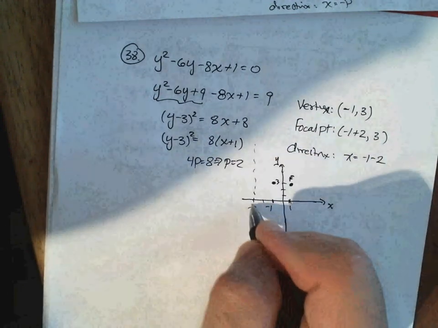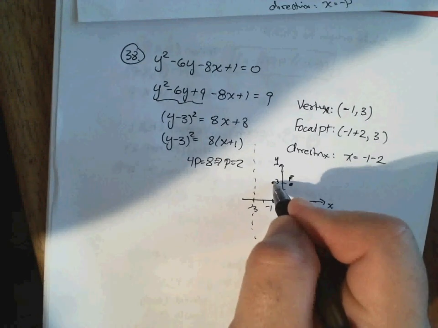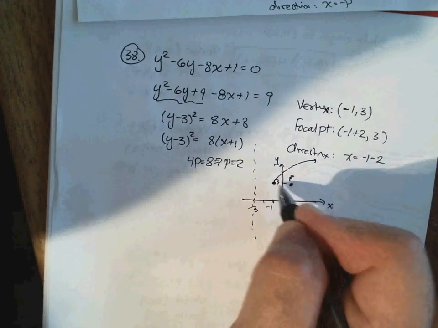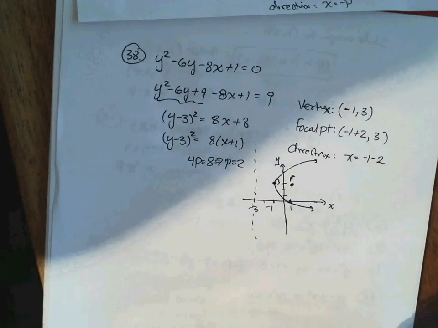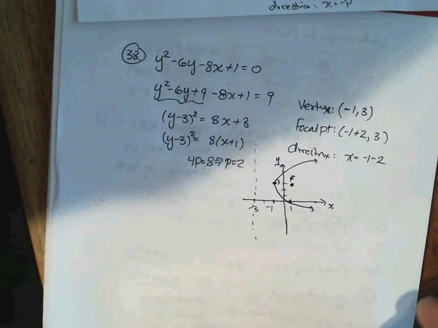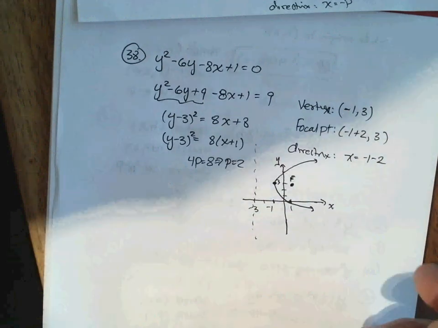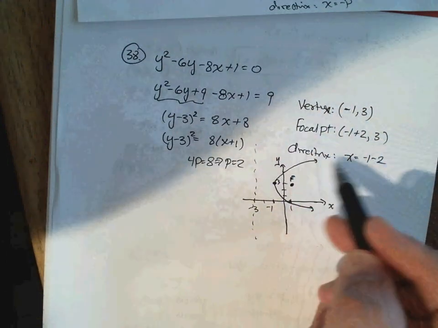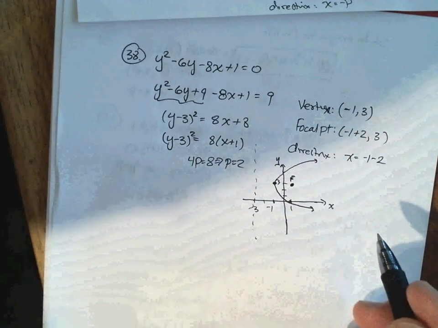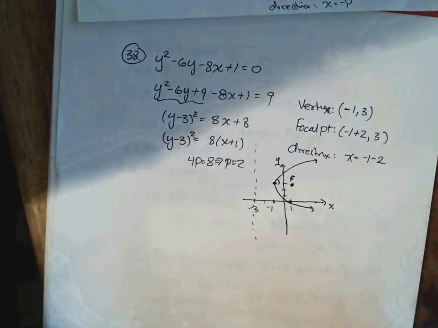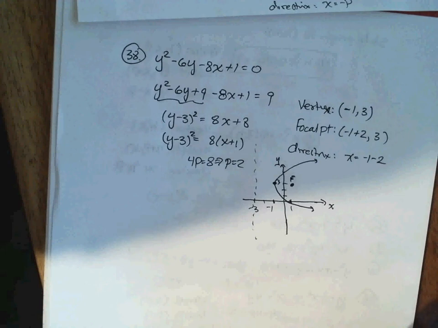And then the directrix is at x equals negative 3. That's this line. And so your parabola, of course, goes away from the directrix and wraps around the focal point. And there it is. So easy enough, I think, once you have found the vertex, the focal point, and the directrix, to generate a reasonable graph of the parabola.